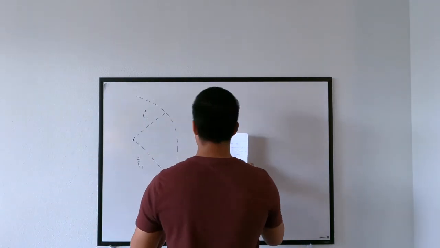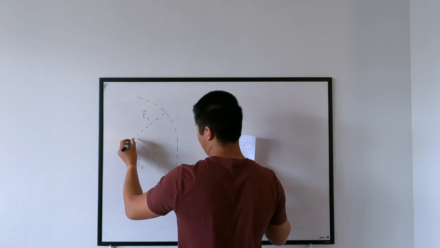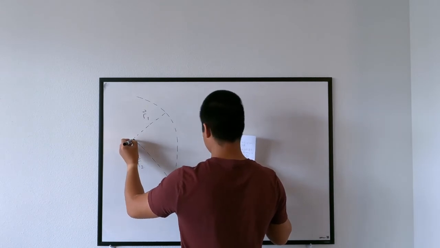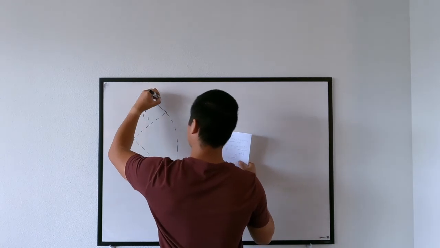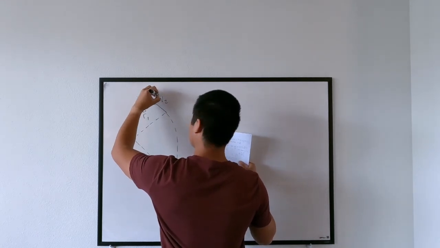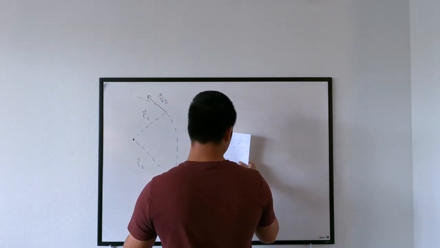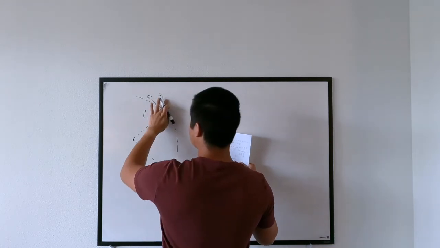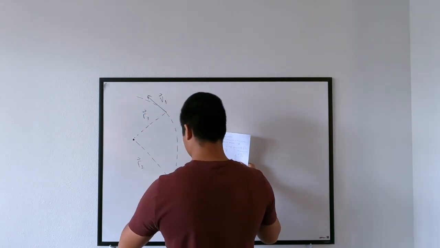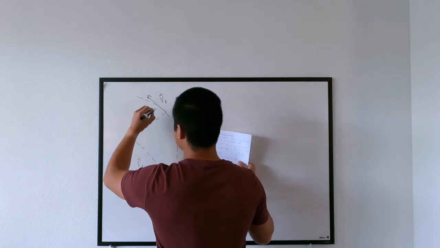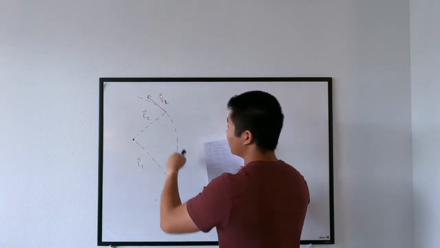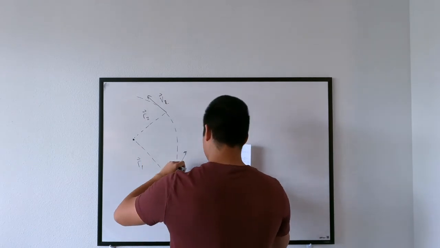And I know that the velocity at any given point is going to be a velocity at any given point. So this should actually be R1. This should be R2, right? Because it's going from here to here, so it makes sense that this is going to be v1.